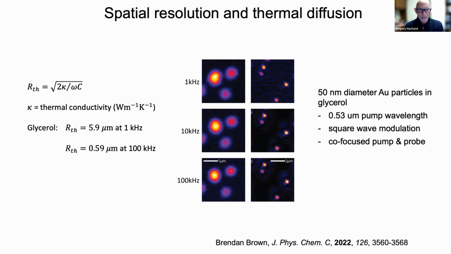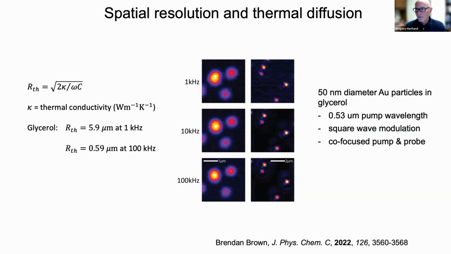These images were taken at different modulation frequencies for the pump laser. If we just calculated the thermal diffusion at a kilohertz, you'd expect a thermal diffusion length of about 6 microns. And at 100 kilohertz, which is the range of the experiments here, it would only be about 0.6 microns. Now, when you look at the images, of course, you see nothing at all like that.